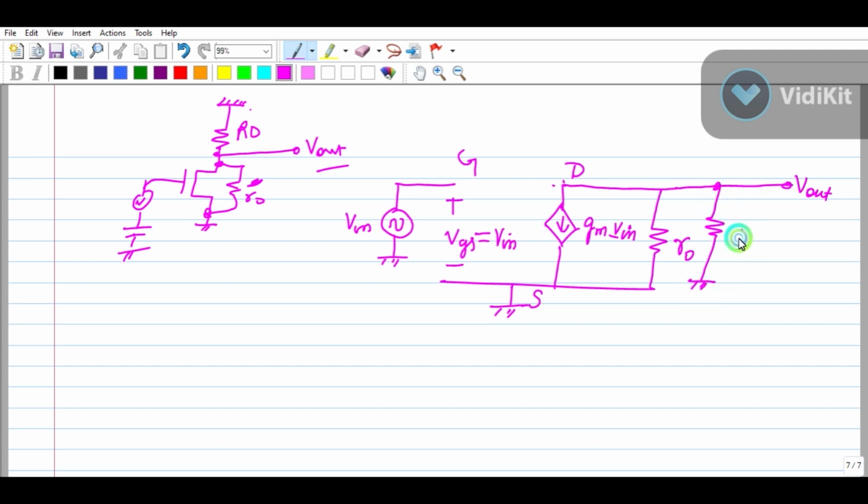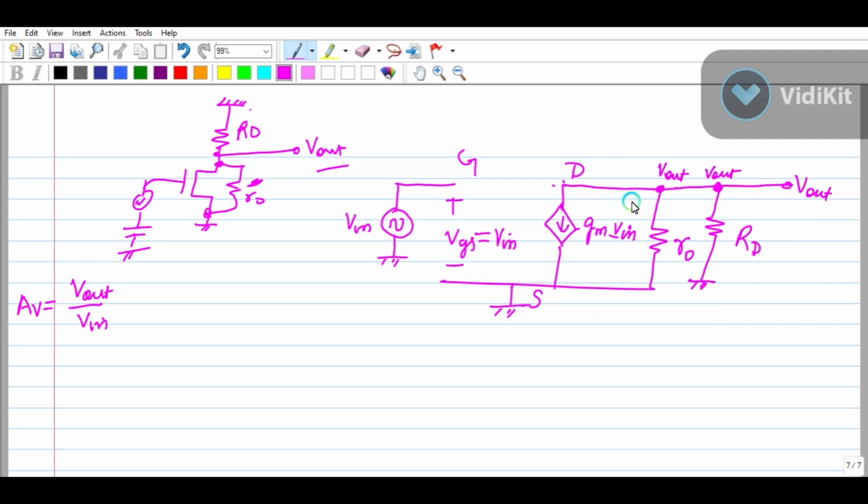Okay, RD. Okay, now the voltage on these terminals is what? It is V out. Okay, right. Now for calculating gain, what do we have to measure? V out by V in, for calculating voltage gain.